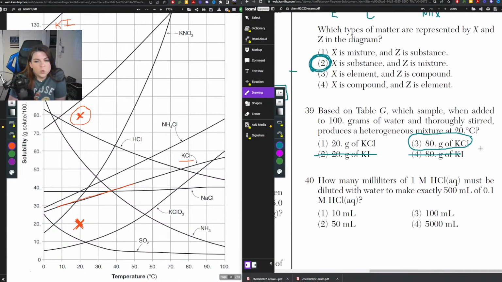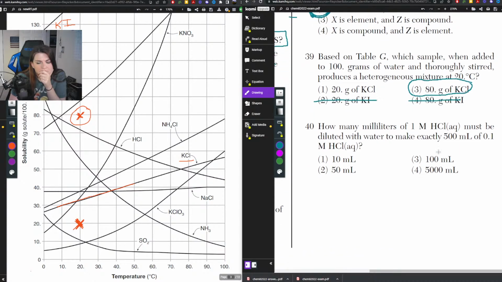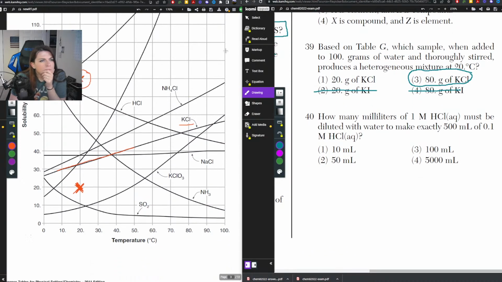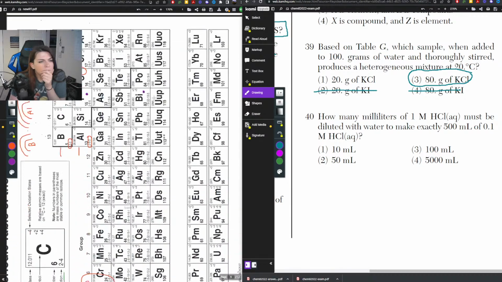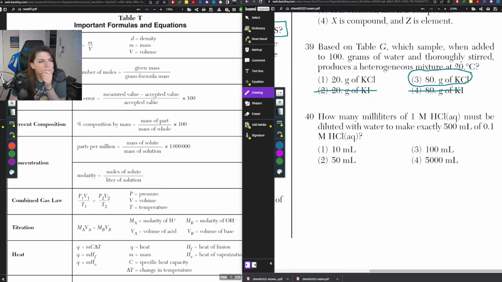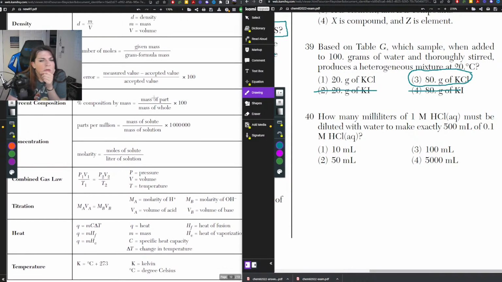Number 40. How many milliliters of 1 molar hydrochloric acid must be diluted with water to make exactly 500 milliliters of a 0.1 molar hydrochloric acid? Okay.